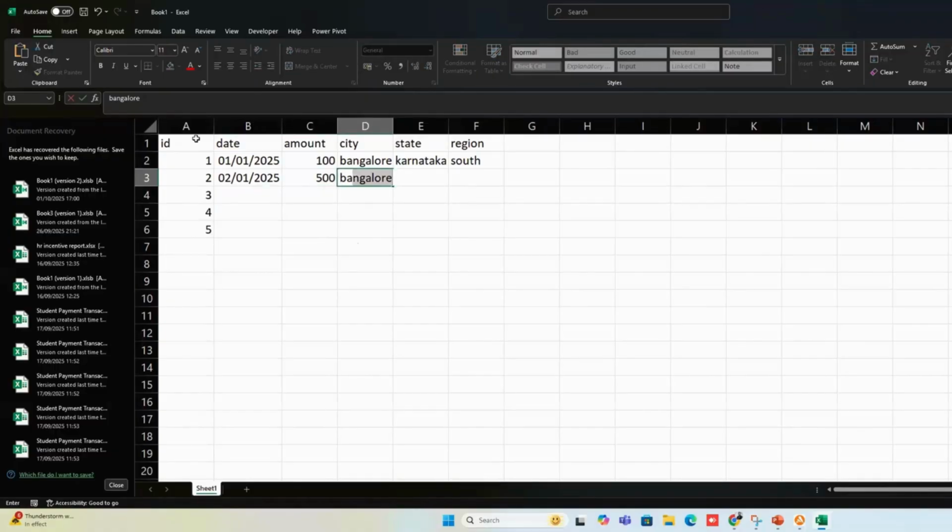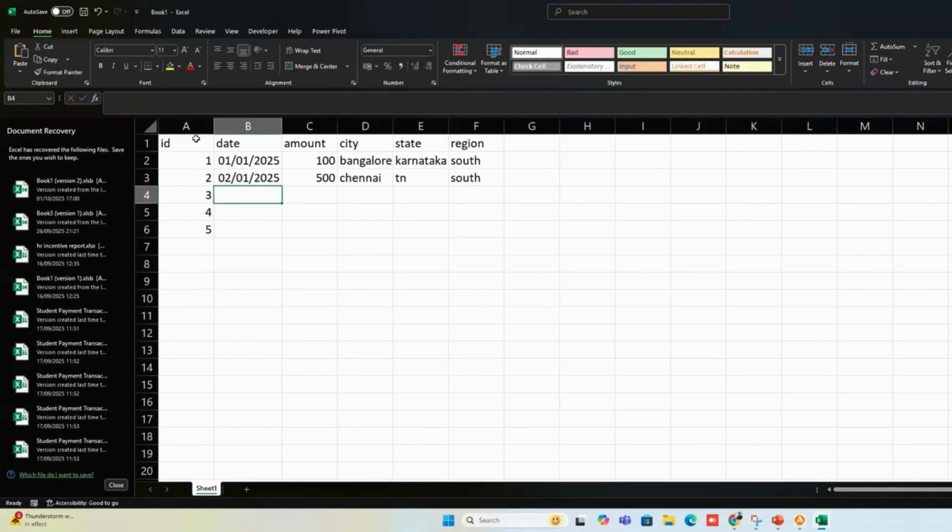Then Bangalore, I won't do Bangalore, I'll do Chennai. Then Tamil Nadu and South. Then I have 3, 101, 20, 25, then 5,000. Then all the rich people in Delhi. And state, what state is this?